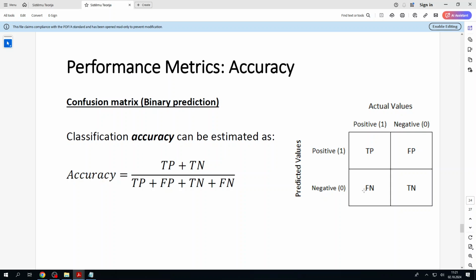That is, when it was positive, it predicted positive correctly, and when it was negative, it also predicted negative correctly. So this is, as we say in probability, the set of events that satisfy our condition, and the total amount of events that are possible, including the mistakes detected.